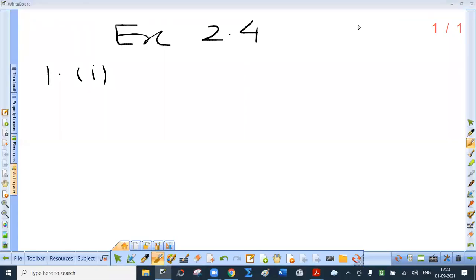Exercise 2.4. First question, we'll be doing first and second part, third part for homework. Verify whether the following sequences are HP, harmonic progression.